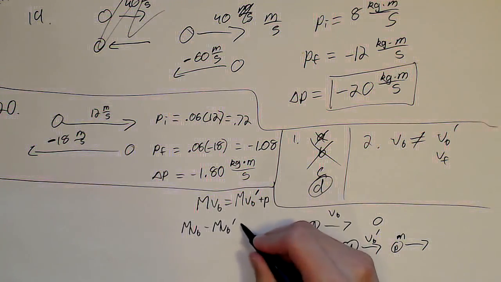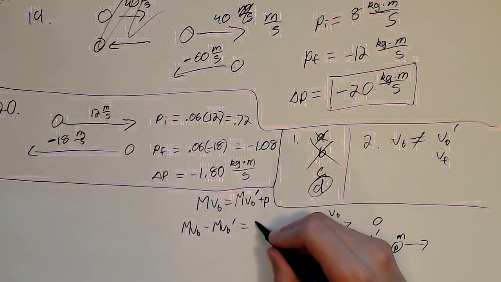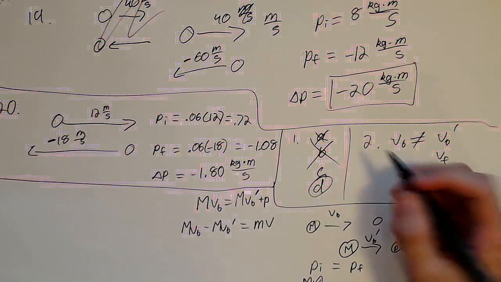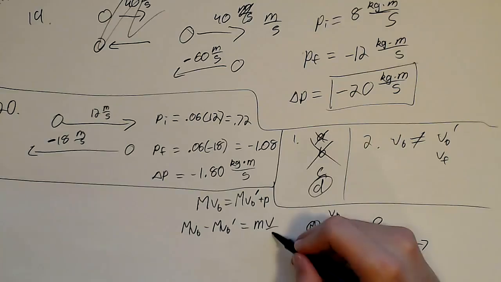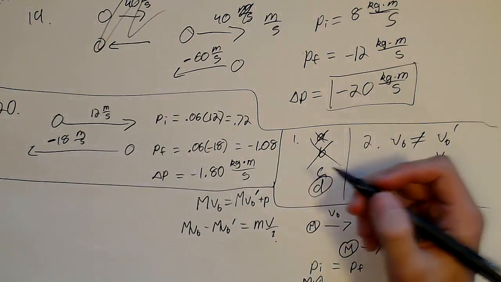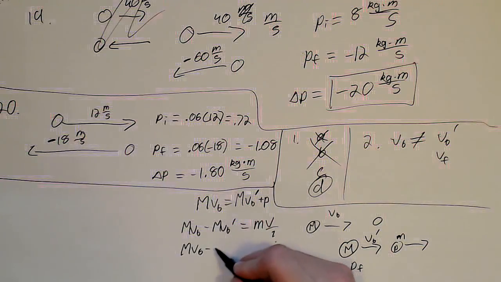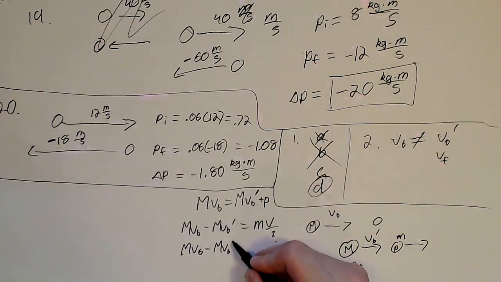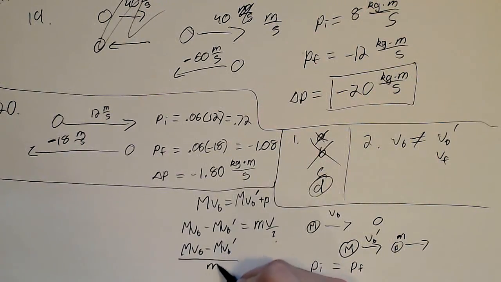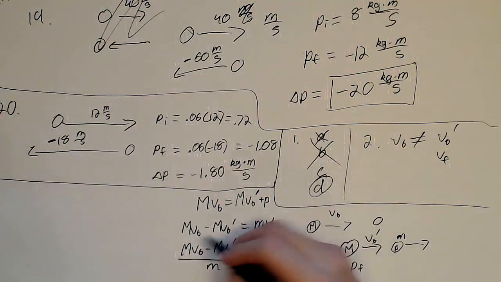Okay, now we have the momentum of the bowling pin isolated, which is m times v of the bowling pin. So v of the bowling pin is what we're looking for. And they give us that the mass is just lowercase m. So if we go mvb minus mvb prime all over little m, we get our velocity of the bowling pin.